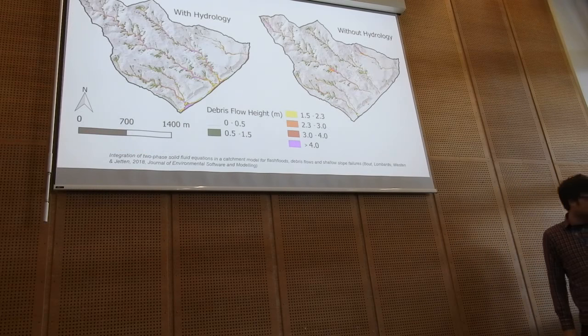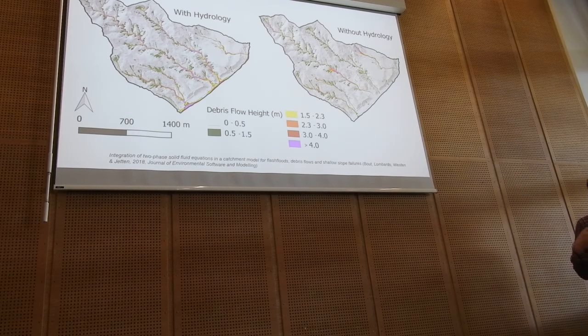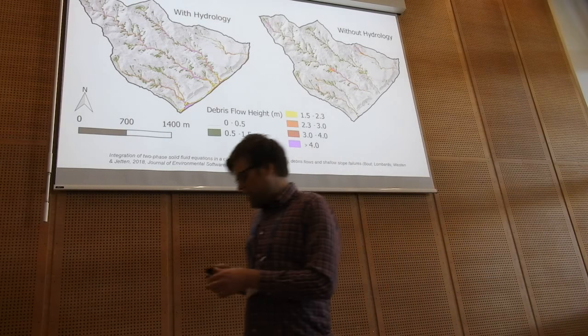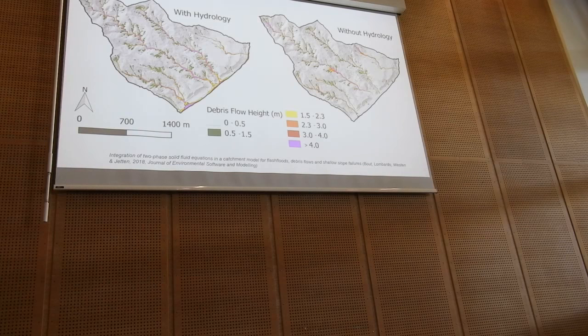What you also saw really was that the influence of running debris flow simulations with or without hydrology was quite intense. So here on the left you see the simulation with hydrology. So this is the maximum debris flow height. And here a debris flow is a flow with at least a concentration of 20% solids. On the right you see the same map without hydrology.